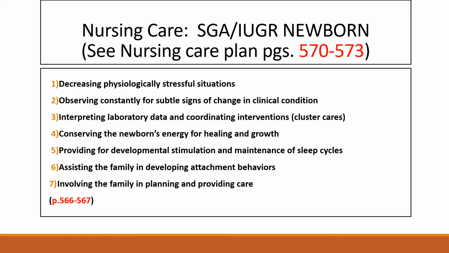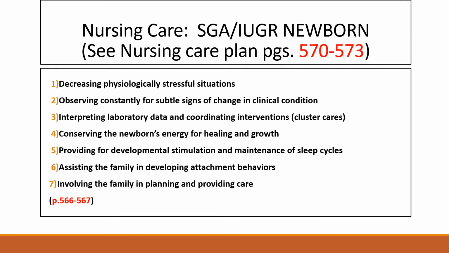Some nursing diagnoses that we do want to be concerned with for these babies with IUGR or SGA that are small for gestational age or have intrauterine growth restriction include hypothermia, imbalanced nutrition, less than body requirements, ineffective peripheral tissue perfusion, and then risk for impaired parenting.